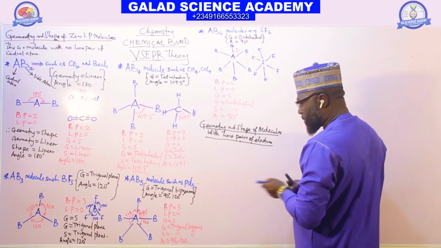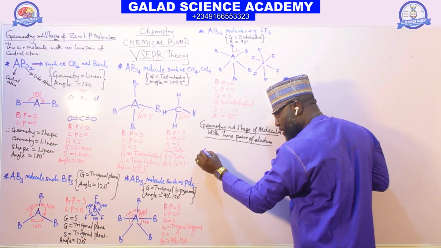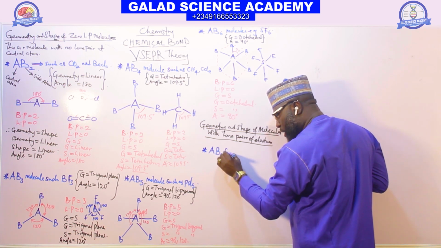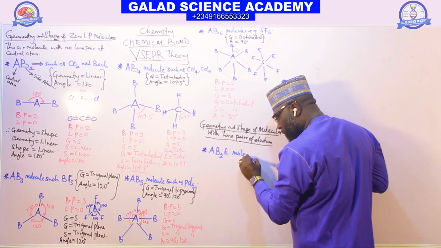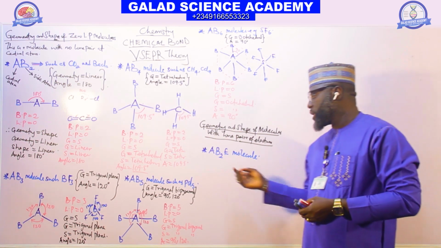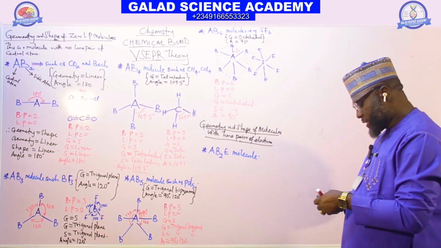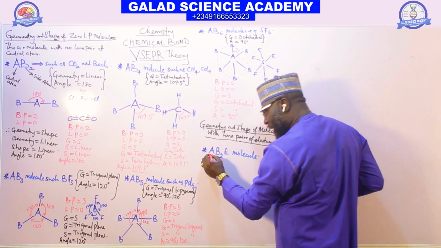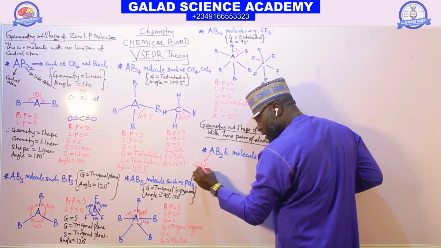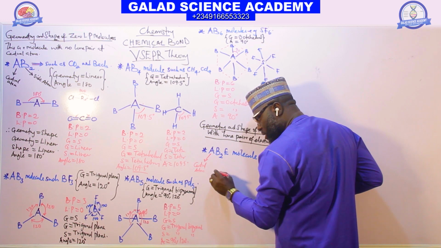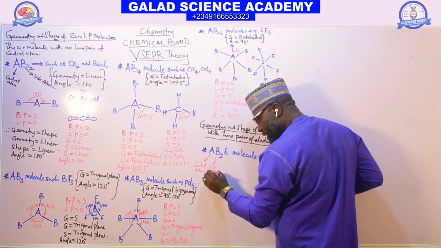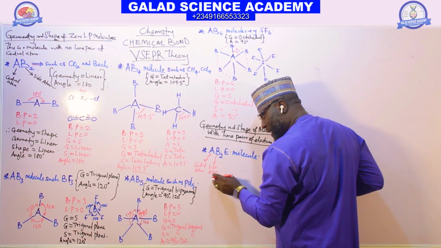The first one, so we have the AB2E molecule. Look at this. This A you have here is the central atom. This B is the side atom. It will be at the side.